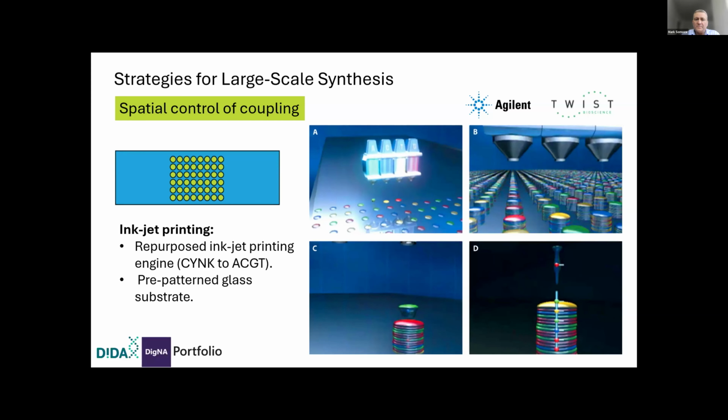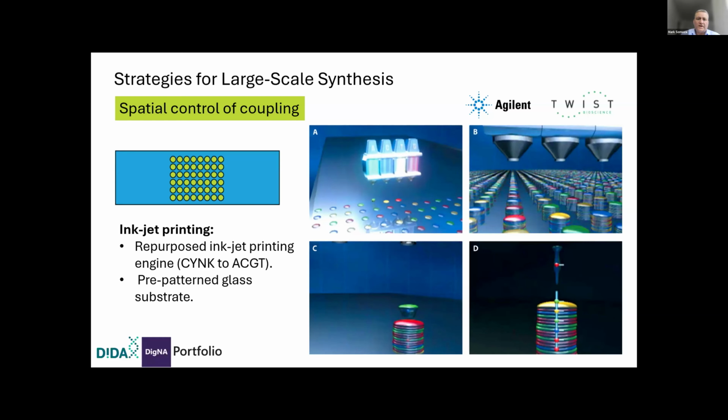The reason for that is that you're going to squirt little droplets of reagent onto the surface, and you want them to form these nice little round circles. You can enforce that by making patches on the surface that are hydrophilic, because DNA is hydrophilic, and the phosphoramidite that we're using for the reaction is also hydrophilic.